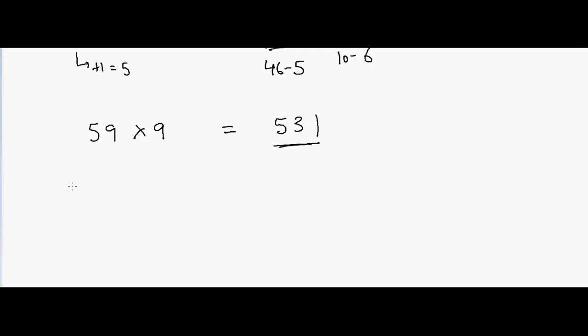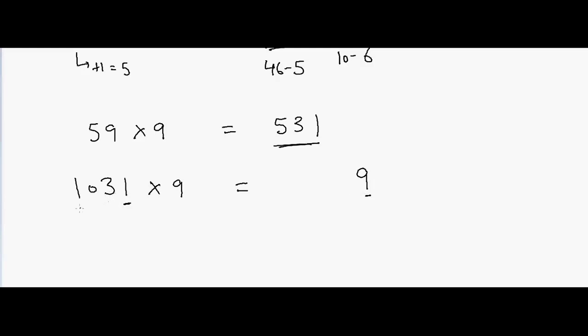Now this formula will also apply for very large numbers. Suppose I have 1031 and I want to multiply by 9. So let's see. First I'll take the 1. 10 minus 1 is 9. So the last digit would be 9.